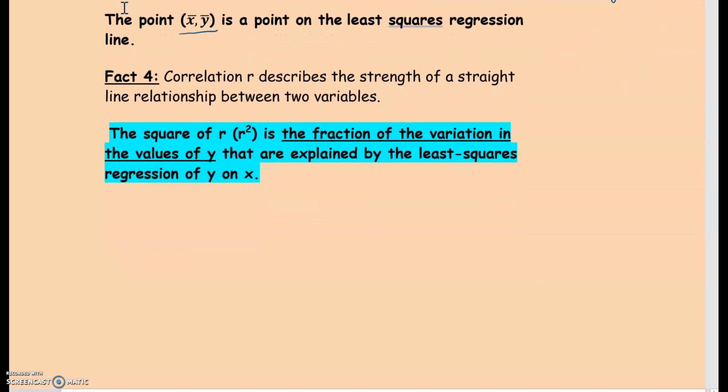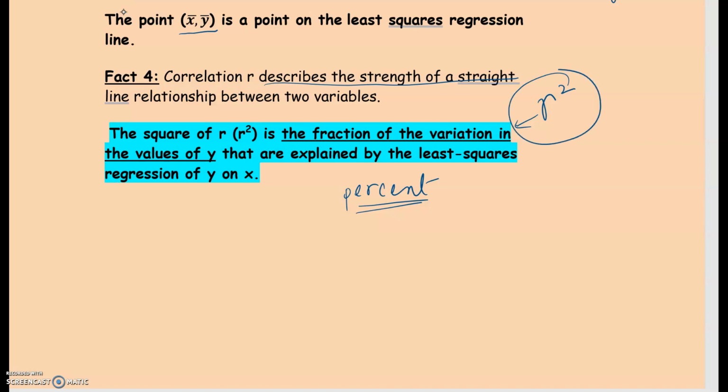Now, another important fact to know is that correlation R describes the strength of the linear relationship, whereas the square of R is defined as follows right here. The square of R is the fraction or percent of the variation in the values of y that can be explained by the regression line.